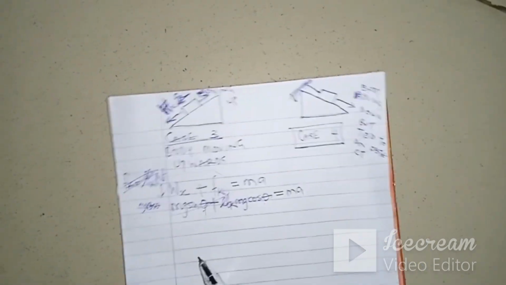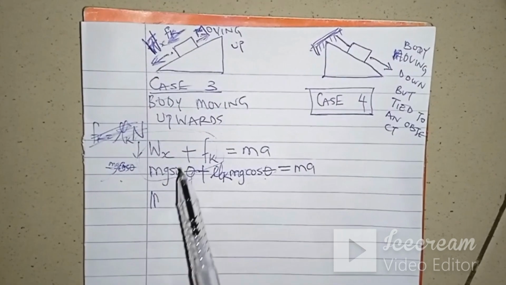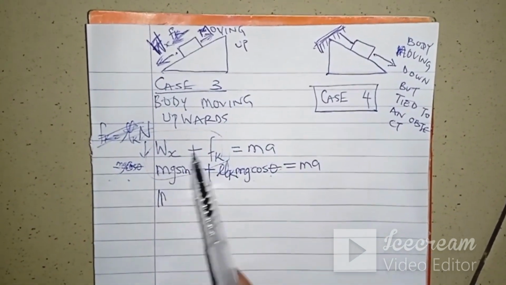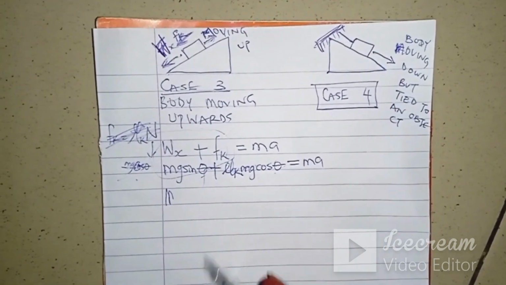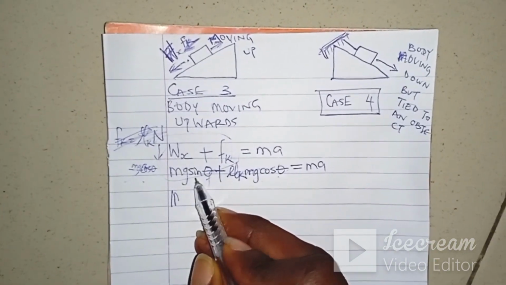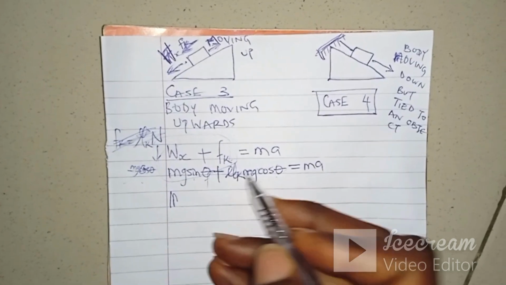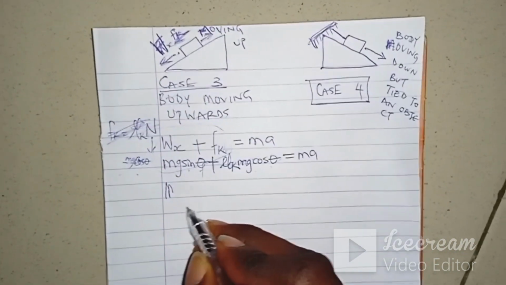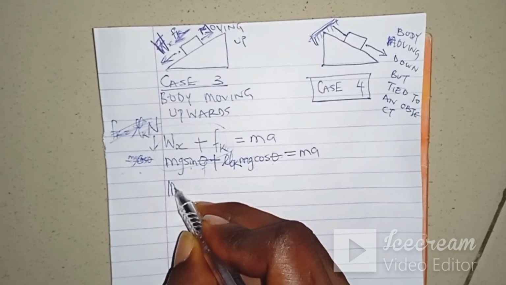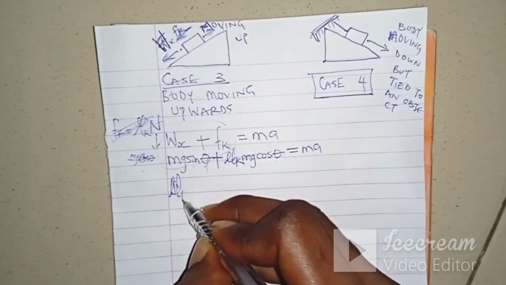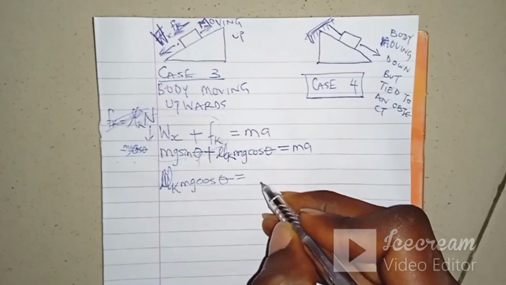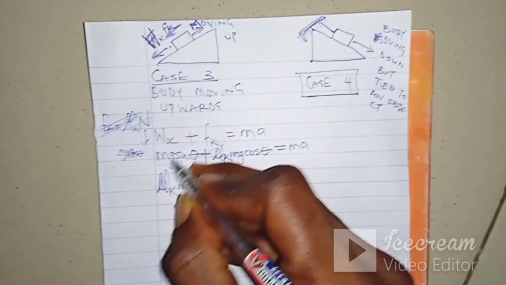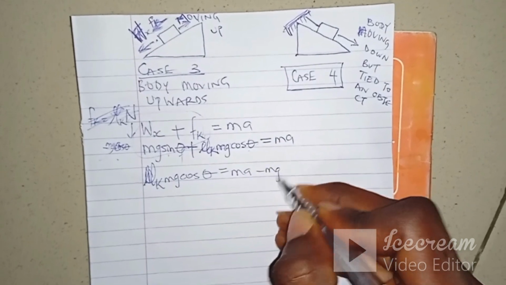So Wx plus Fk equals ma: mg sin theta plus, since Wx is mg sin theta, this one is mu k mg cos theta. This is going to be the same thing as saying mu k mg cos theta equals ma, and mg sin theta crossing the equality sign becomes minus mg sin theta.